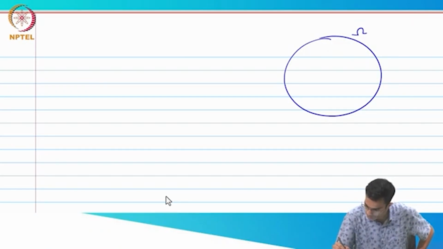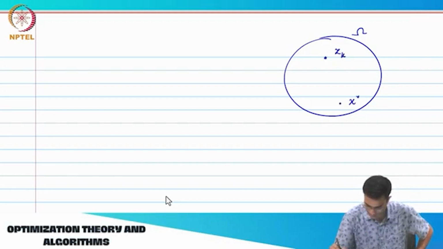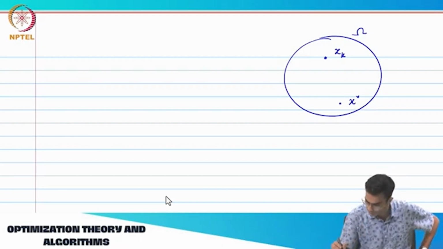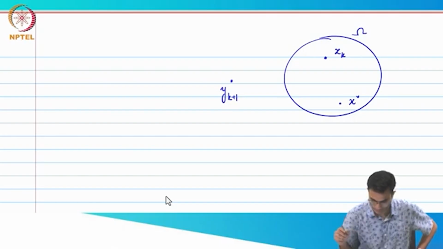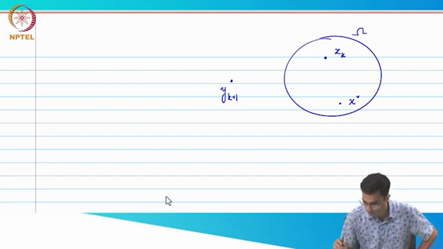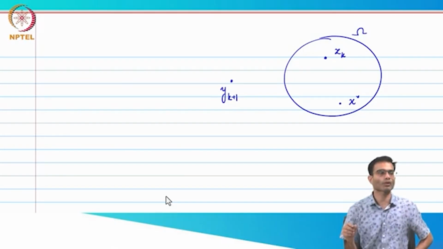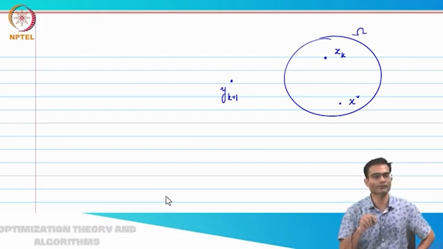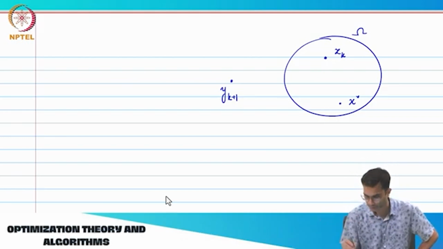Let us say this is my xk, this is my x star, and this is my yk plus 1. Now after projection, what will happen to yk plus 1? It will fall on the boundary, right?